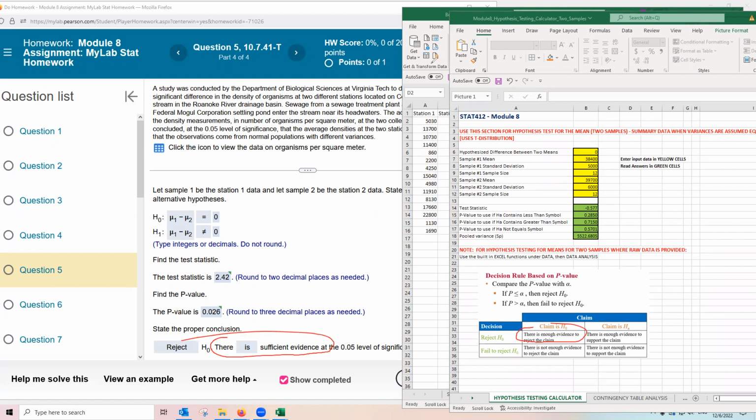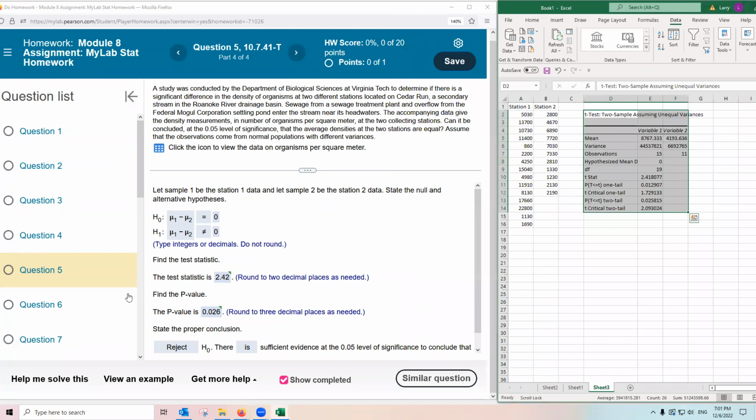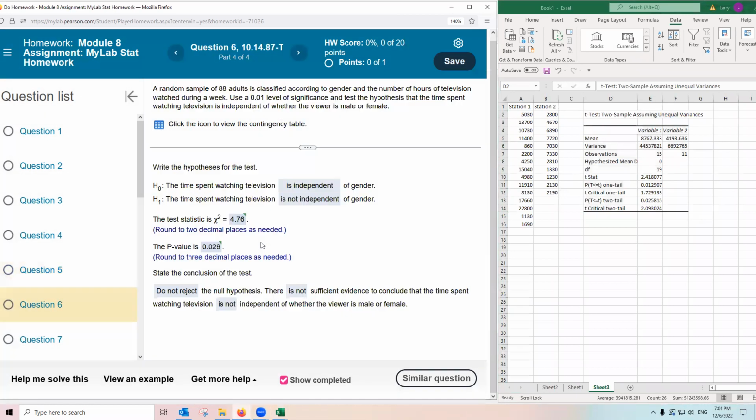All right. So again, it's nice that Excel has a built-in routine to handle this. Let's go to number 6. Let's look at a few more. All right, let's do number 6 because this is different. This is a different type of test. So let's read about this one.